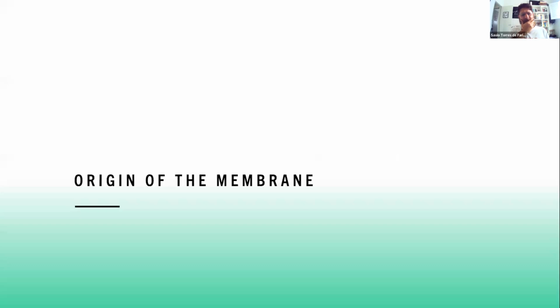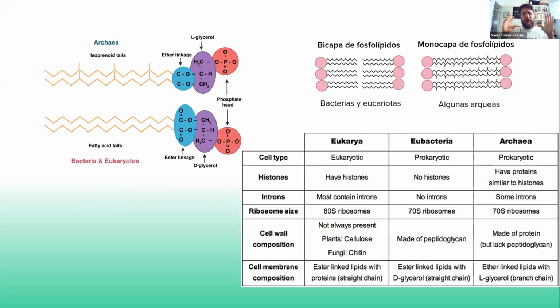The first answer is the origin of the membrane. And yesterday, Francis Prodos told a little bit about this. When you're talking about the membrane, in general, we think that the membrane is similar. But when you look in detail at the membranes of archaea and bacteria, we can see that these membranes are very different in constitution.